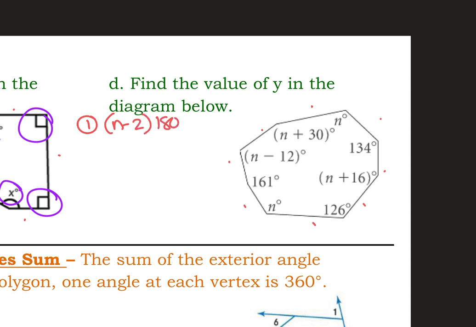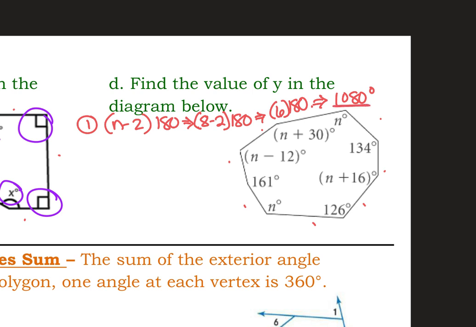Our n is 8, so we're going to do 8 minus 2 times 180. What's 8 minus 2? 6. Good. 6 times 180 is going to give us 1,080 degrees. All right, so this is what we're going to use for the second step.